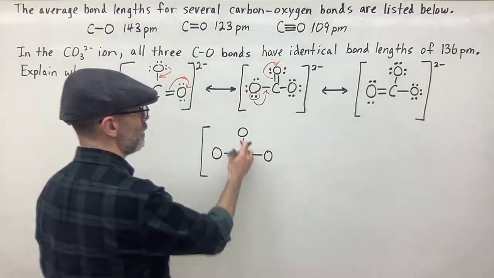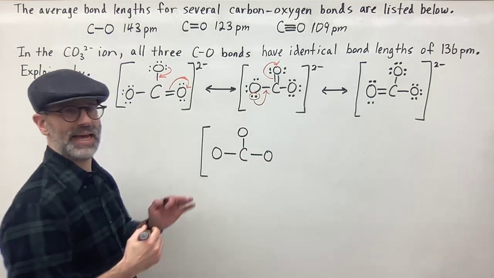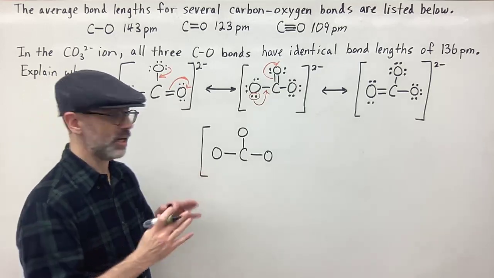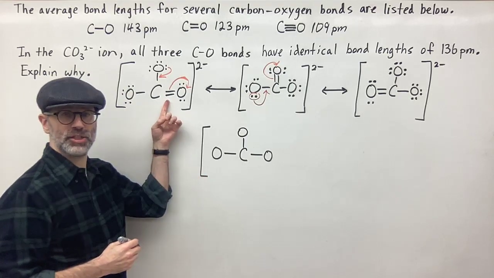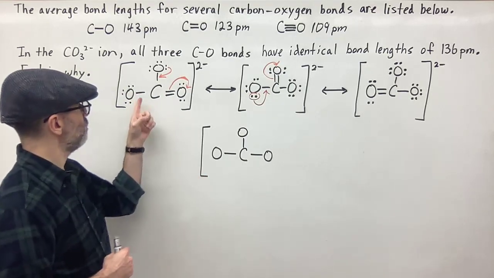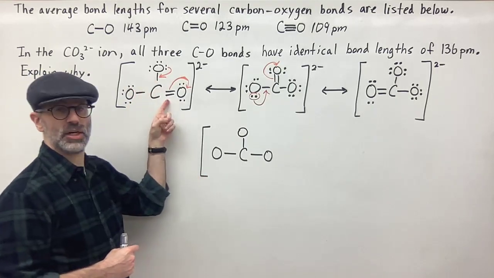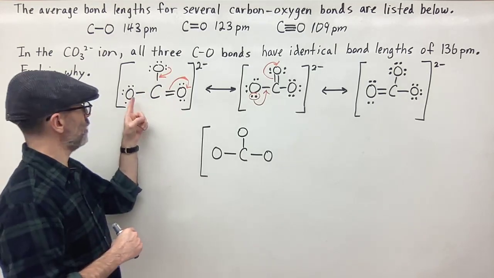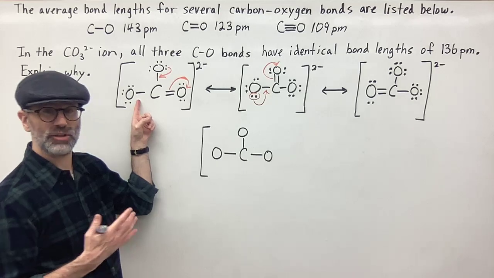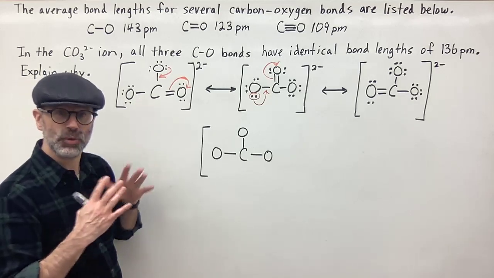And so then you'd have one complete bond, but then that double bond is shared evenly. So we're going to have a hybrid bond such that each of these bonds are going to be equal, right? But they're not going to be single and they're not going to be double. They're going to be somewhere in between.